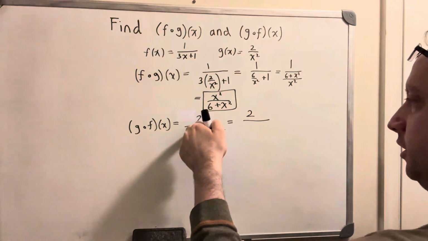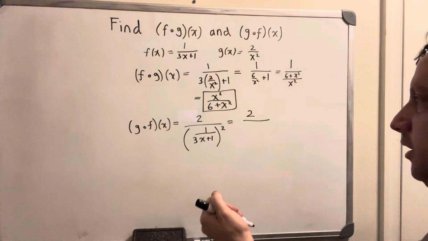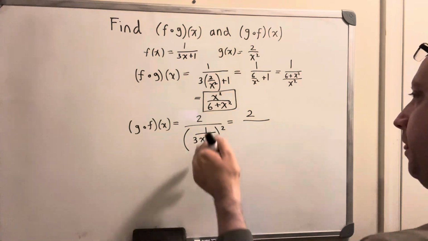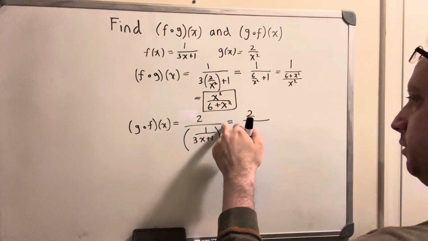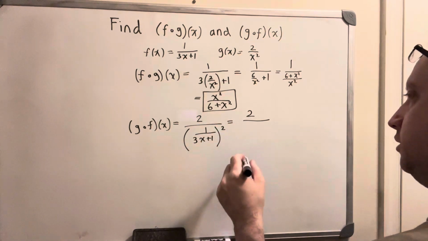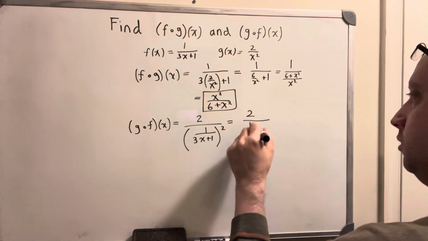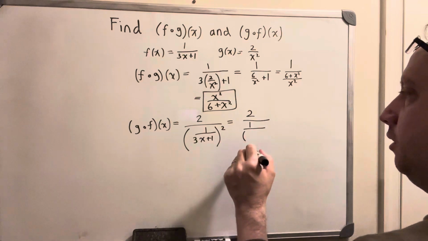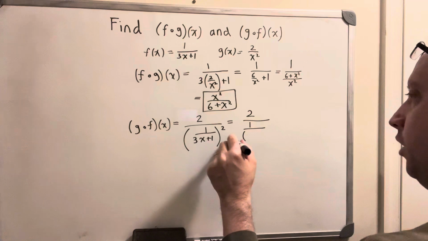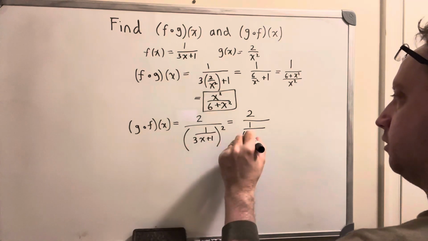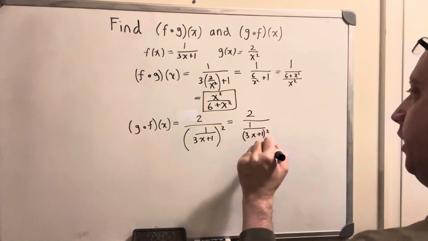If you have a fraction, a over b squared, what is it equivalent to? It's equal to a squared over b squared, right? You can always take an exponent into the numerator and denominator. 1 squared is just 1. Now you don't want to put the squared on each one, you got to keep it as a unit. So 3x plus 1 squared.